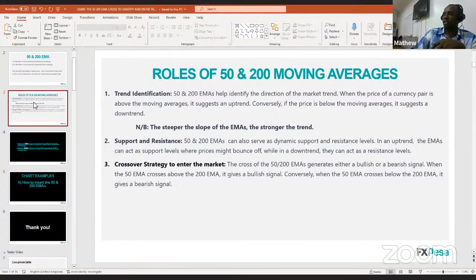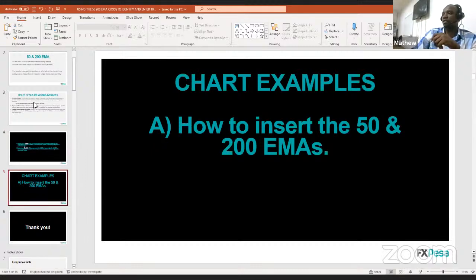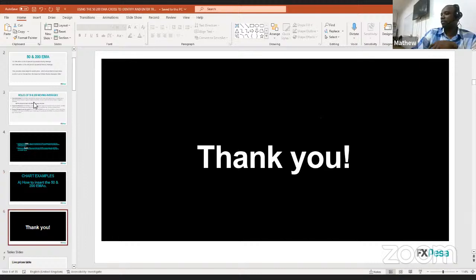If it's below, then it's a downtrend. And then we've seen support and resistance. The 50 and the 200 can act as dynamic support and resistance. Remember, it's dynamic because it's not constant, it's not static. The moving averages will be moving, just like the word moving. And we've looked at the crossover strategies, and then we've looked at the chart examples. We've seen how to install. And that's it, guys.